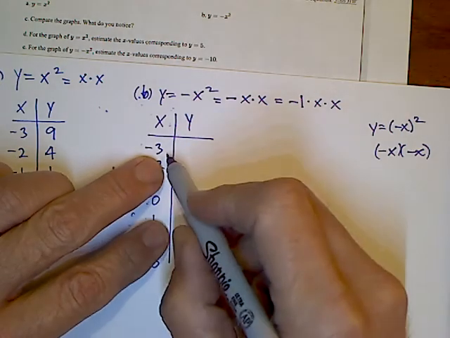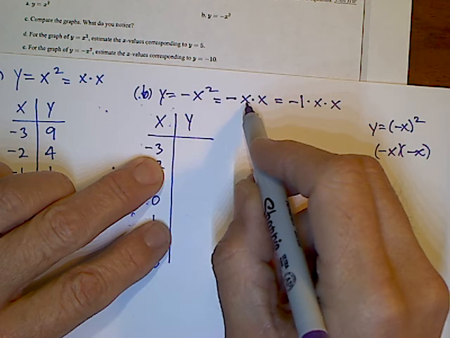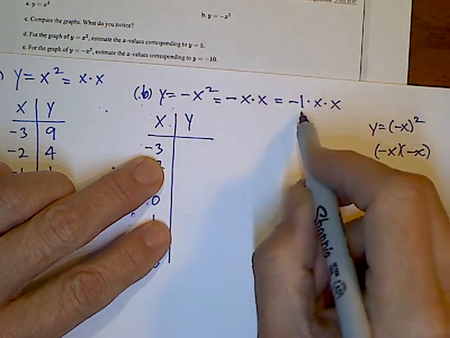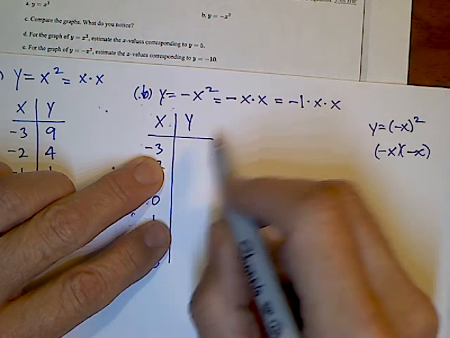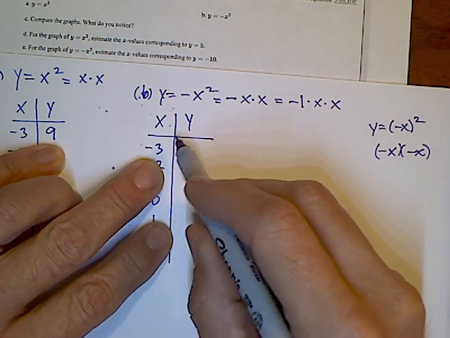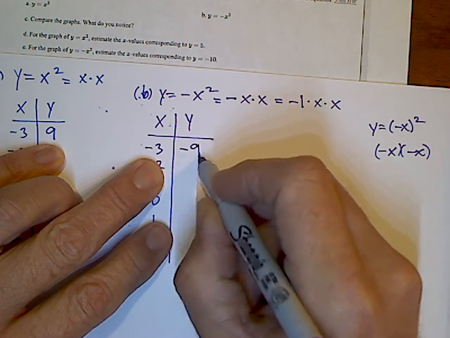So what does this mean? You put -3 in. So what we have to do is multiply -3 times -3, then do the opposite of it, or -1 times that. So -3 times -3, we already did that over here, was 9, but now it's the opposite, or times another -1 makes it a -9.